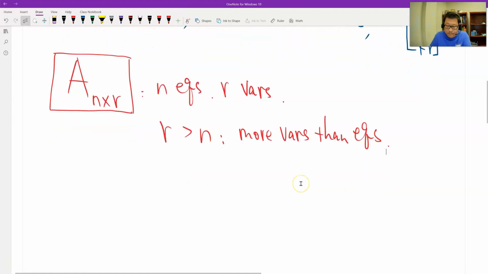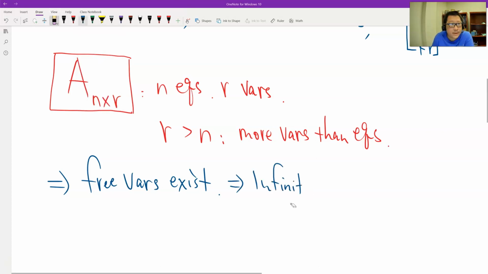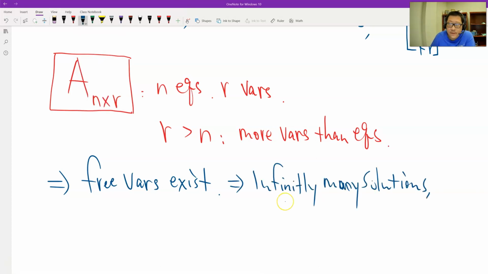So free variables exist, and therefore we have infinitely many solutions, because a free variable means infinitely many solutions. Infinitely many solutions means a non-trivial solution exists.